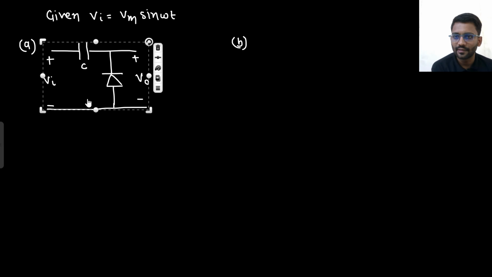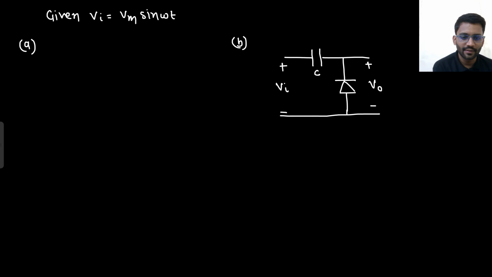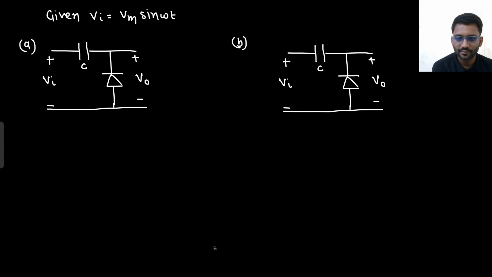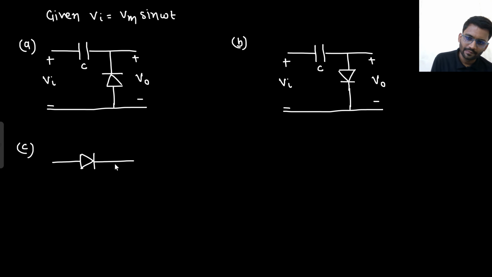Then exactly the same circuit. I will just copy it here, but the diode polarity will be changed. This output you need to tell me. Then this is your Vin.